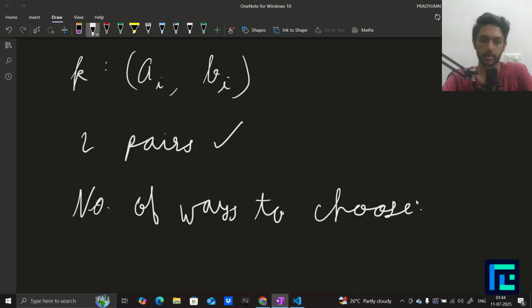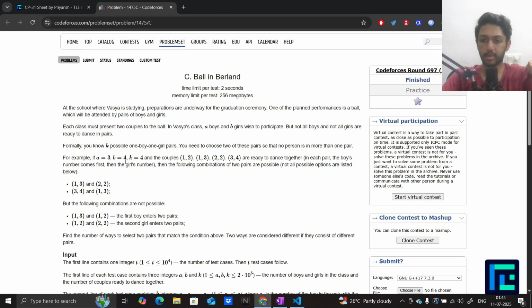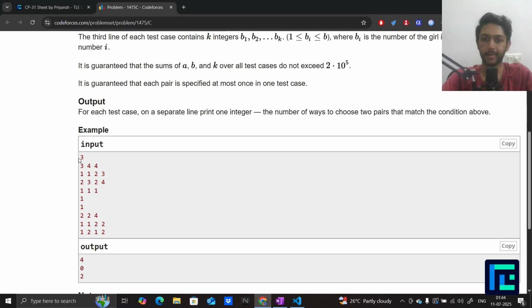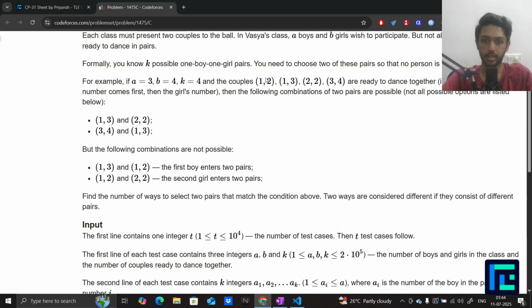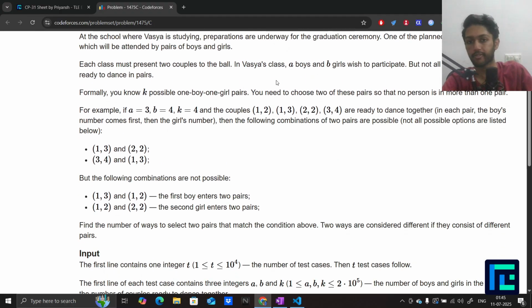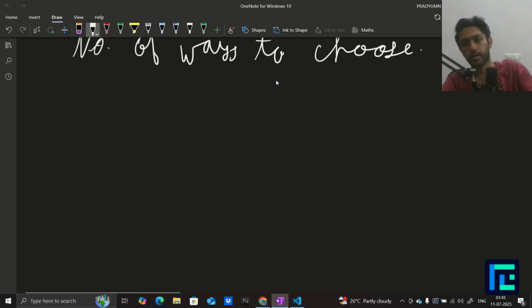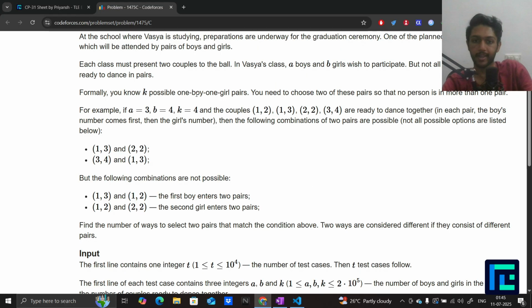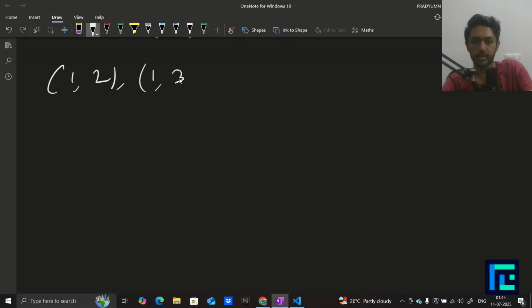Okay, so for example, in the samples we have this sample. I think it is the same as the one given in the text, so I'll just explain this one. You have four possible couples: boy number 1, girl number 2; boy number 1, girl number 3; boy number 2, girl number 2; or boy number 3 and girl number 4.